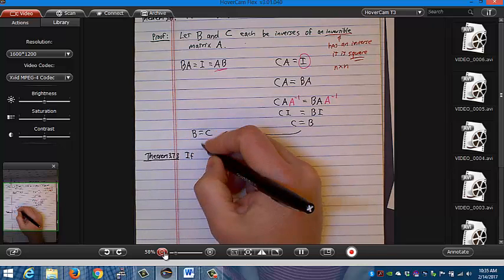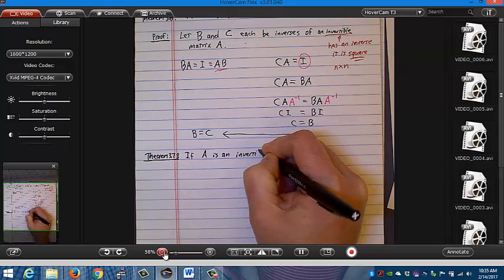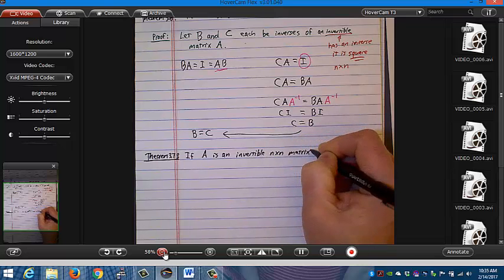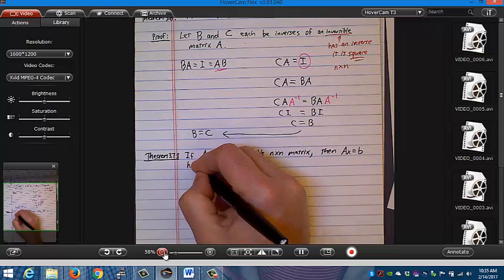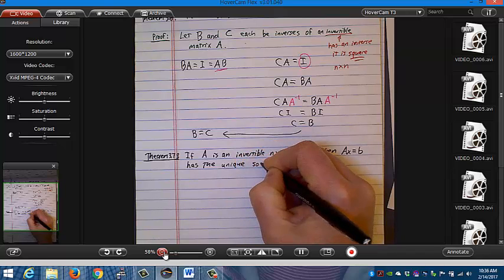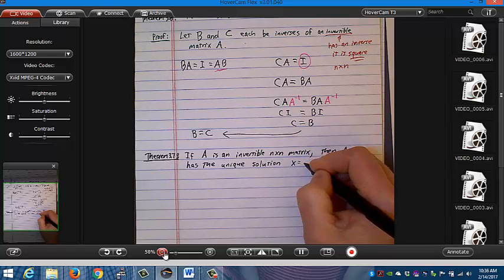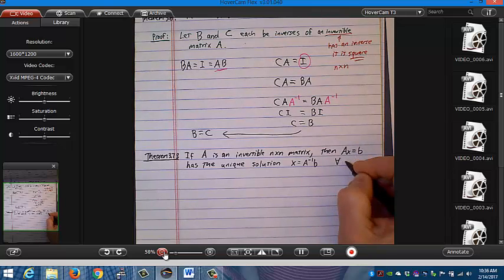If A is an invertible n by n matrix, then AX equals B has the unique solution X equals A inverse B, for any B in Rn.